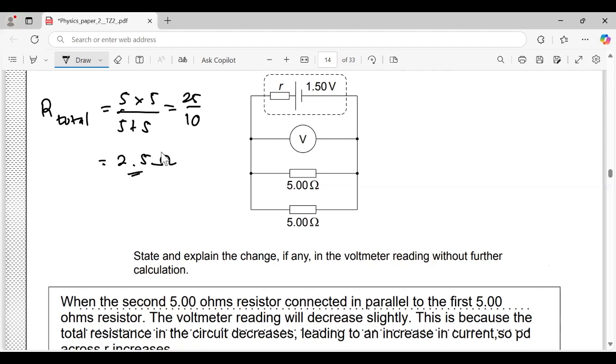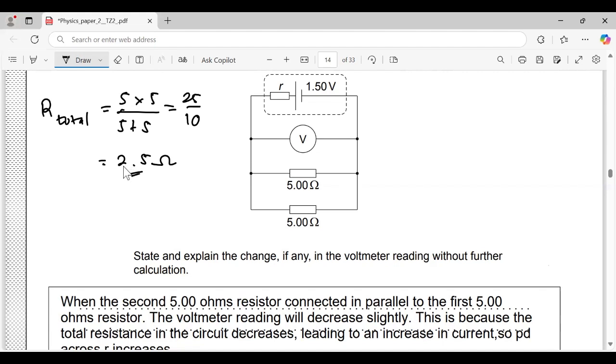The resistors are each 5 ohms, while the total is only 2.5 ohms.